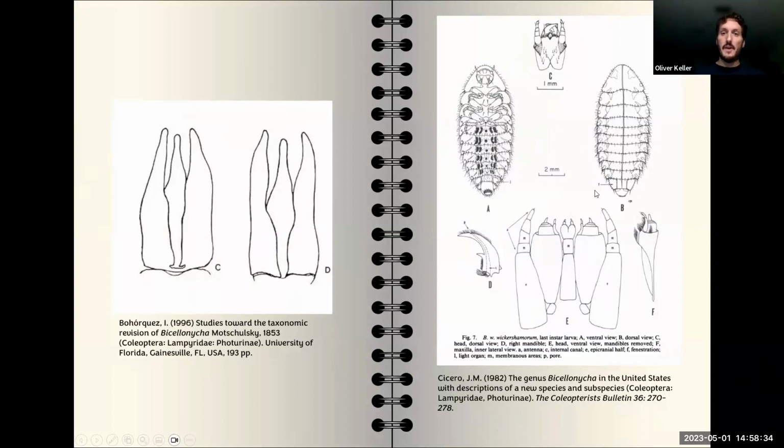Here you can see how the larvae look, very similar to Photuris. He has illustrated the mandibles, the head, and all the parts, and here some more of the parts of the head. So this is a very good illustration to identify them and differentiate them from Photuris.